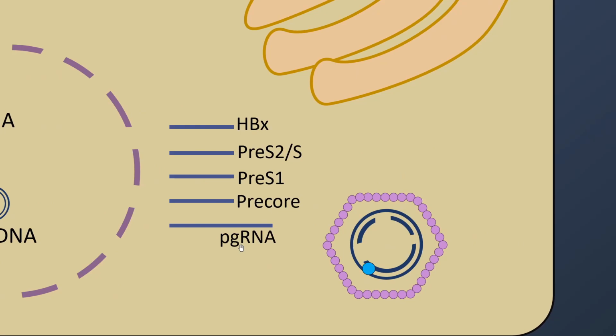This pregenomic RNA is the precursor of genomic DNA, and polymerase is also synthesized from it, and capsid is also synthesized from it, right? Through reverse transcriptase activity of this viral polymerase, this pgRNA is first converted into single-stranded DNA and then partially double-stranded DNA.